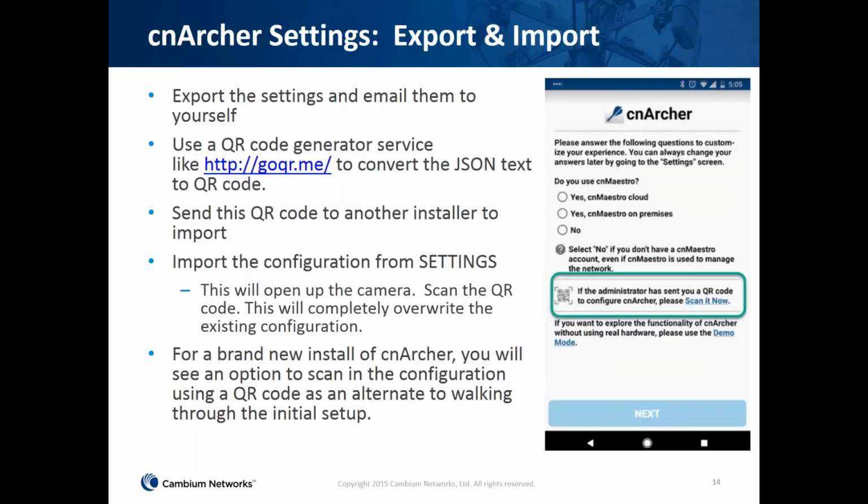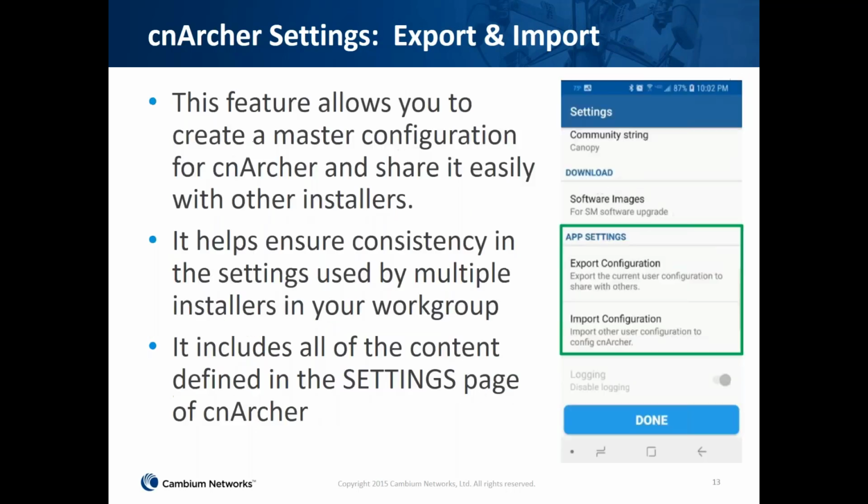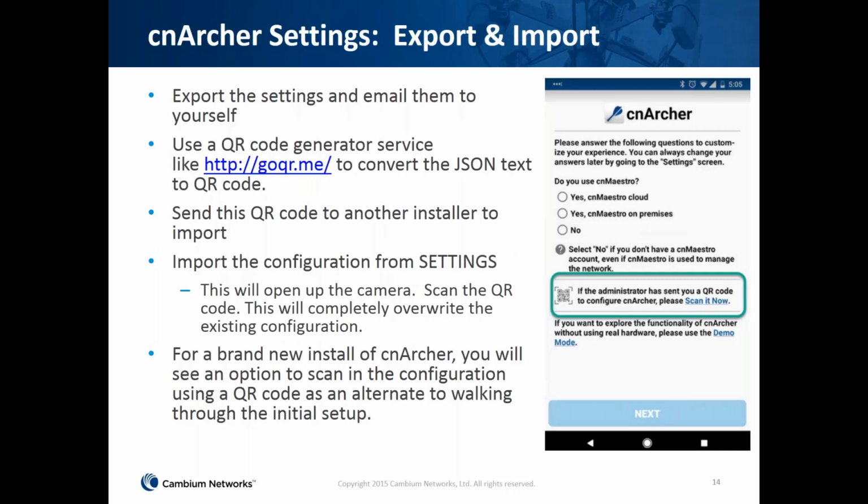The way you would do this is, on the previous screen, we showed the option to export. When you export it, the contents will be in a JSON format. So you can go to any third-party QR code generator, such as the one that we list here, goqr.me, and just paste your JSON text in, and it'll generate a graphical QR code.